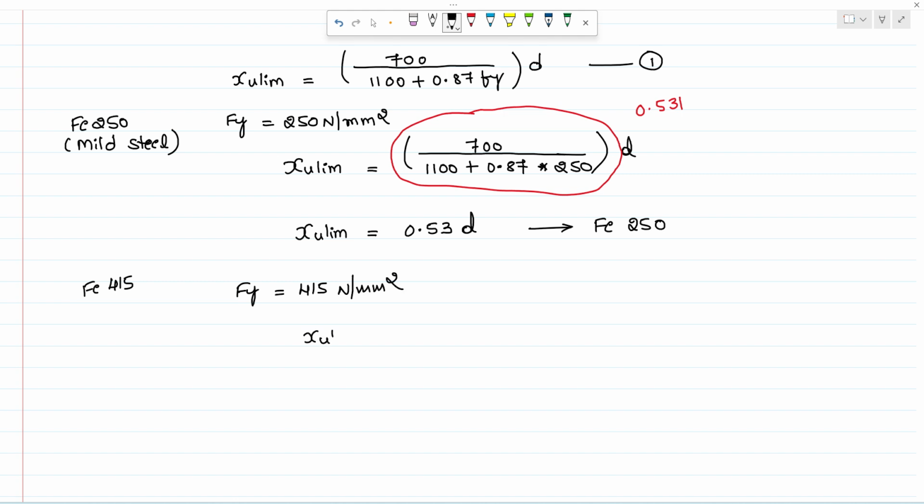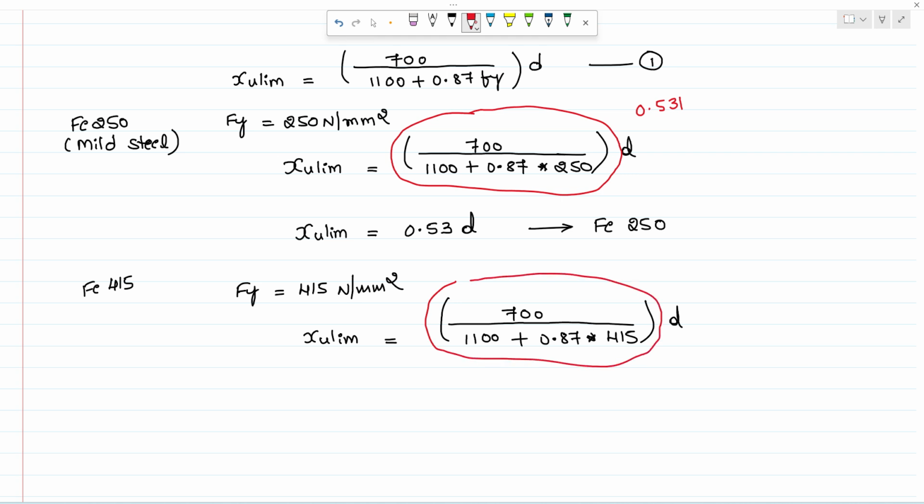So depth of neutral axis XU limit equals 700 divided by 1100 plus 0.87 into 415, multiplied by D. Again, if you simplify this term, you will get it as 0.479.